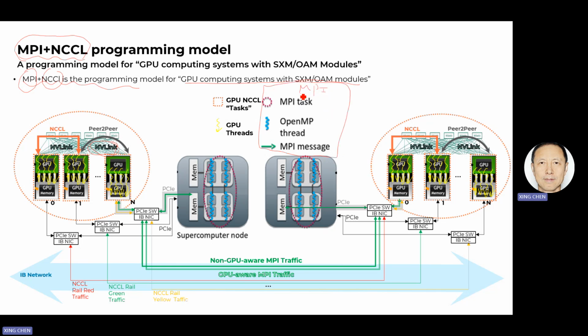So we have MPI tasks. This is the MPI task. And you have threads, OpenMP threads. The communication between the threads is shared memory. The threads can access the shared memory. If thread A has something to pass to thread B, what it needs to do is put the data in the shared memory, and then thread B needs to go there and read this data.